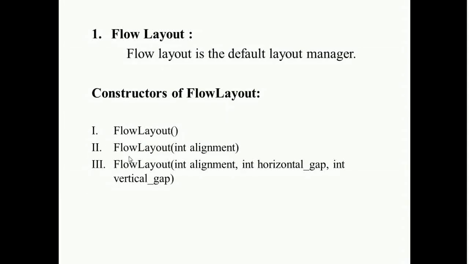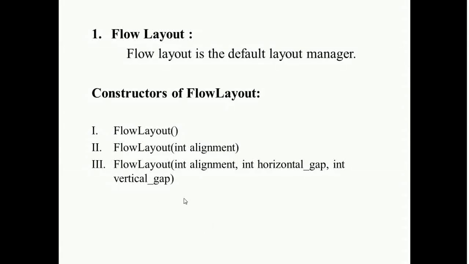The second constructor is FlowLayout(int alignment). This constructor requires you to specify the alignment of each line, and it is done by using three static constants: FlowLayout.LEFT, FlowLayout.RIGHT, and FlowLayout.CENTER.